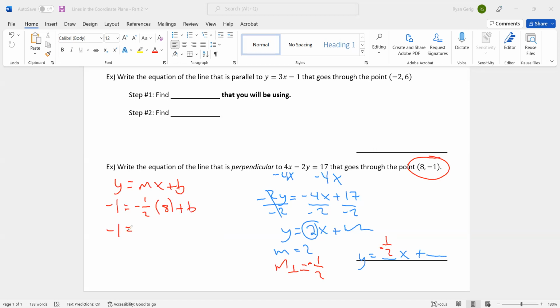Well, 1/2 times 8 is 4. -4 would be that. And then to get b, I'm going to add 4 to both sides. -1 plus 4 is 3. There's my equation.